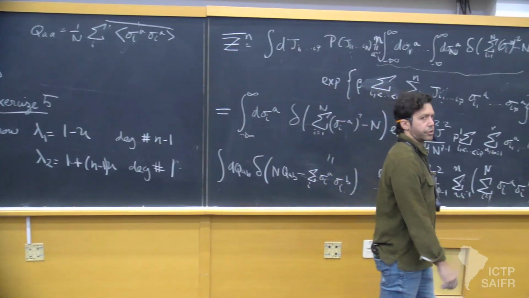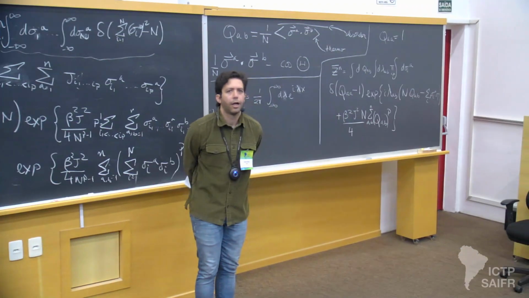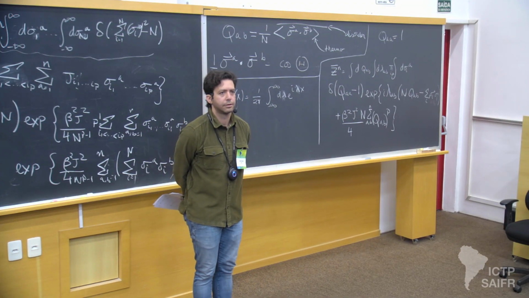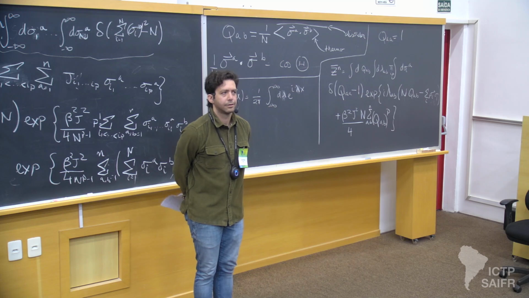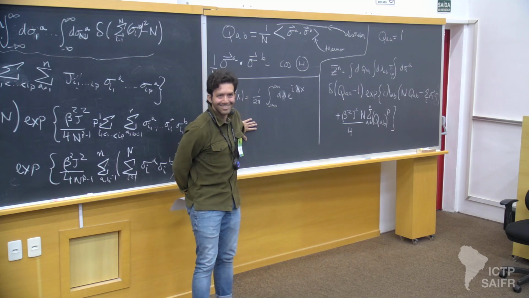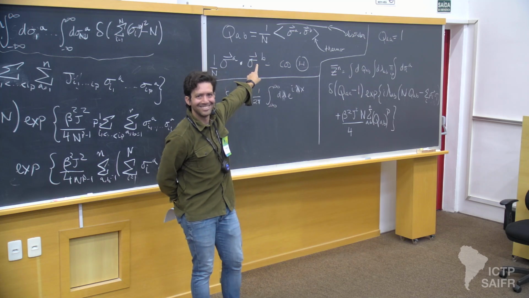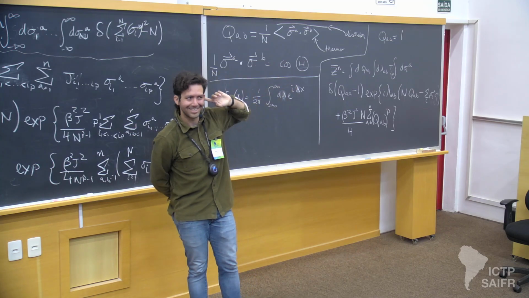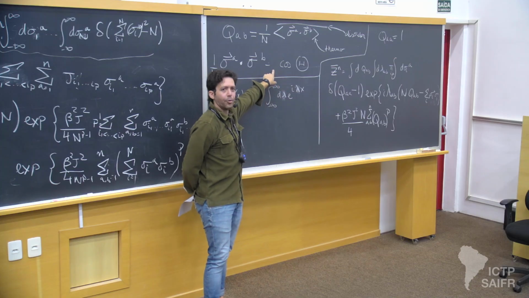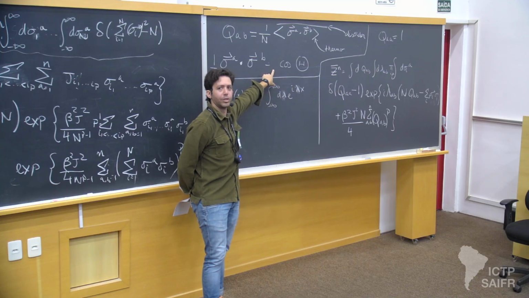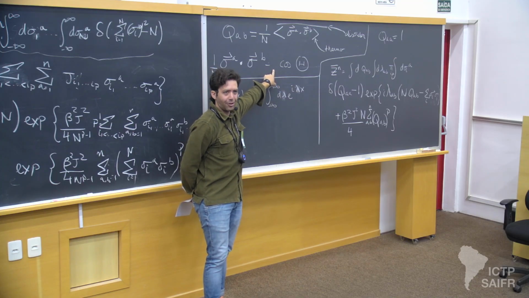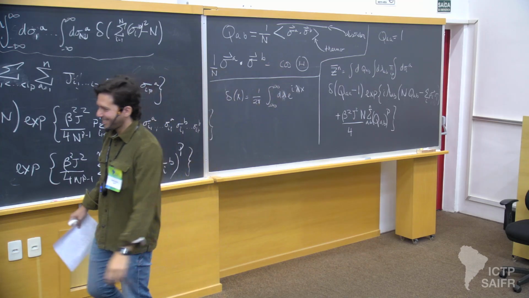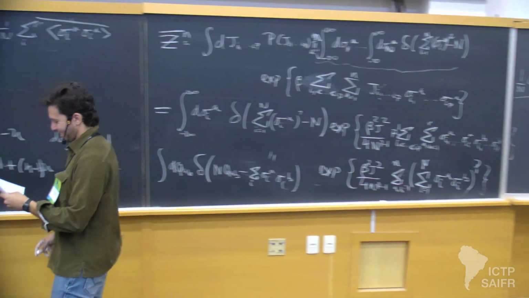What values can you take? Between 0 and 1? Almost. So minus 1 and 1. Okay.